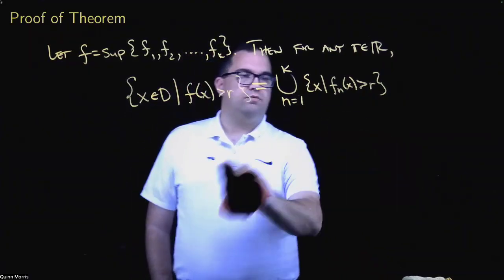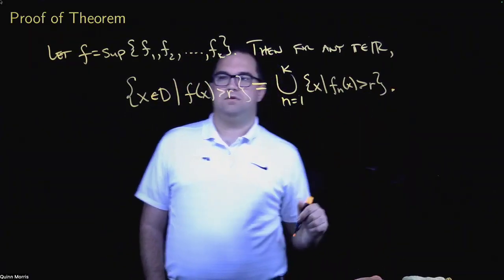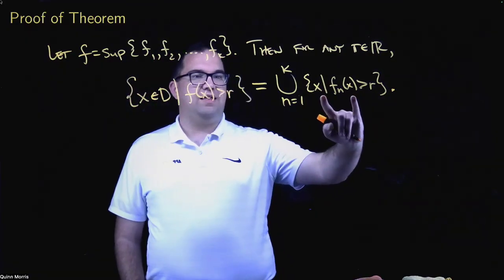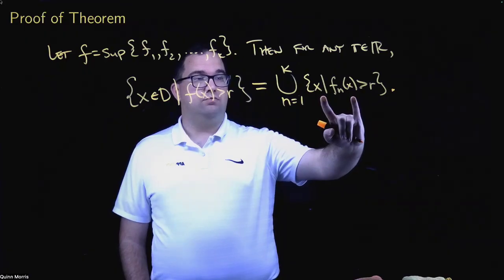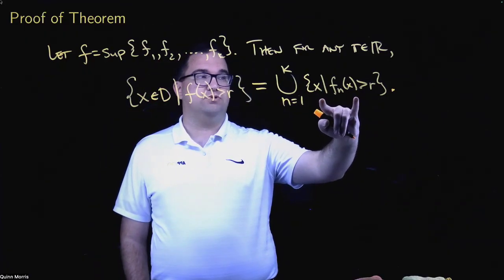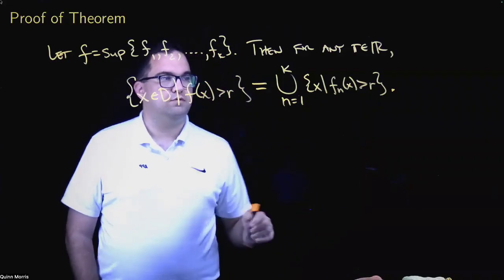Okay, so now how does that help us? Well, this set that I want to know is measurable. I know that each of my f sub n's are measurable. So this set is just a finite union of measurable sets, which is measurable.